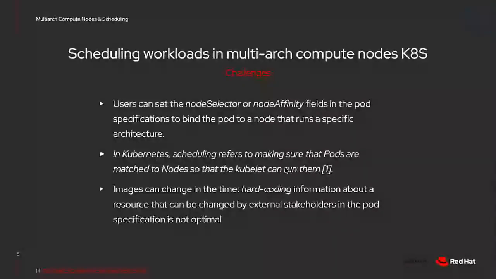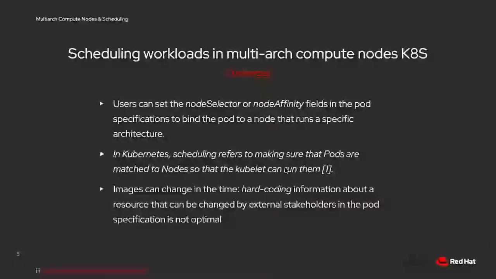The solution to this is that as a user, you can set node selectors or node affinities in order to instruct Kubernetes about which architectures are supported by the pod that you are running. Again, in Kubernetes, scheduling refers to the capability of placing pods on nodes that can run them.